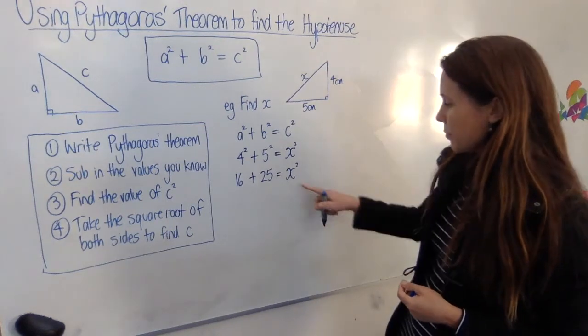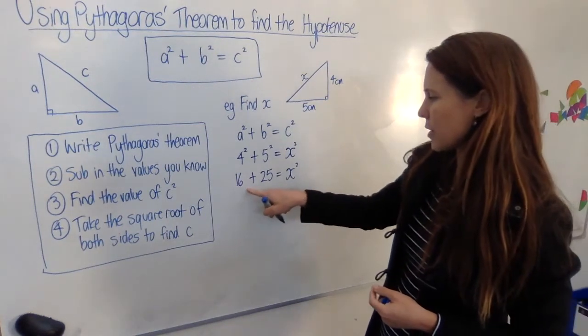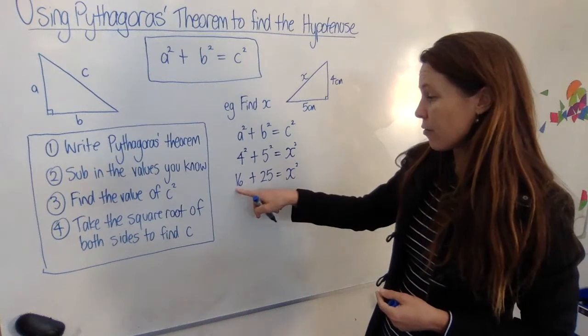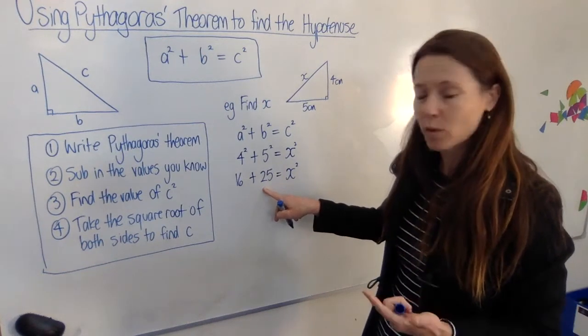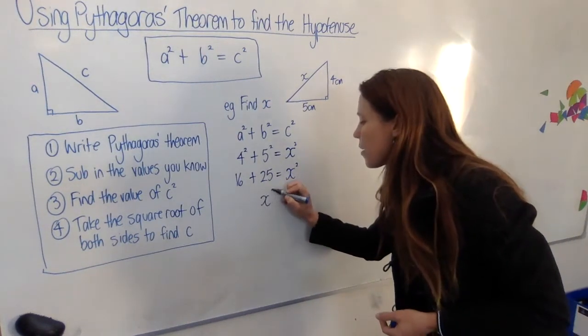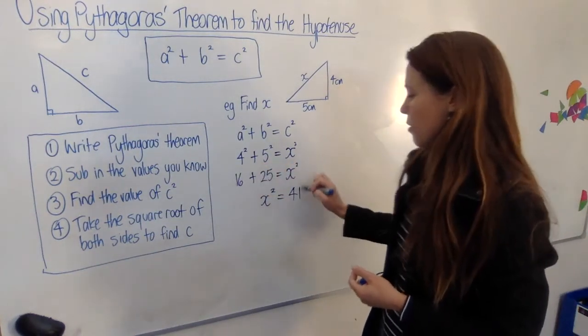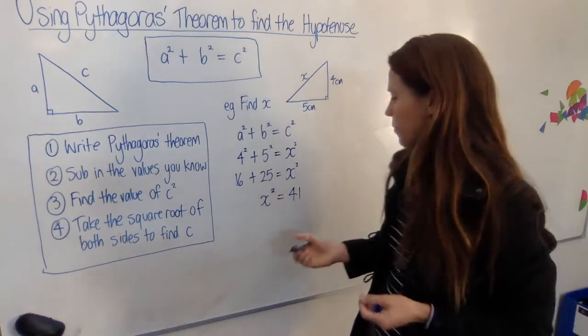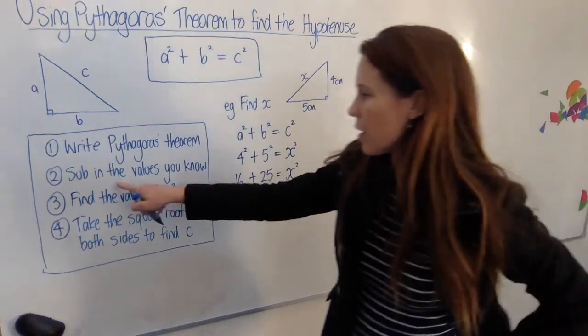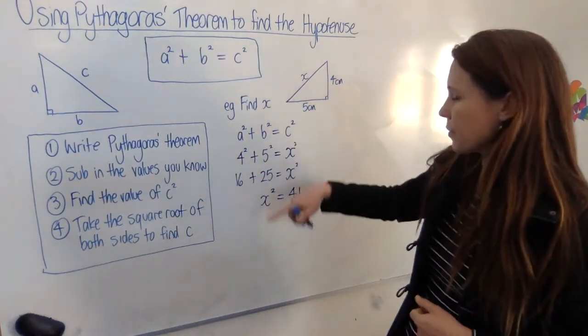Perhaps on the next line, if x squared equals 16 plus 25, and I can figure out that 16 and 25 is 41, then on the next line I might write it like this. x squared equals 41, and you can see that 41 is now over here. They've just switched sides.